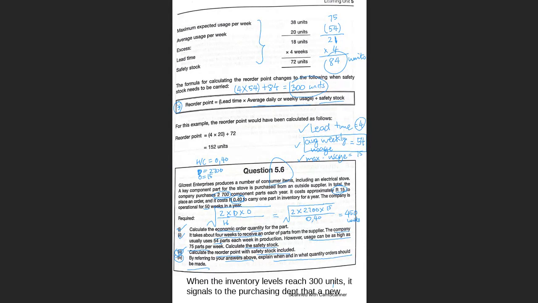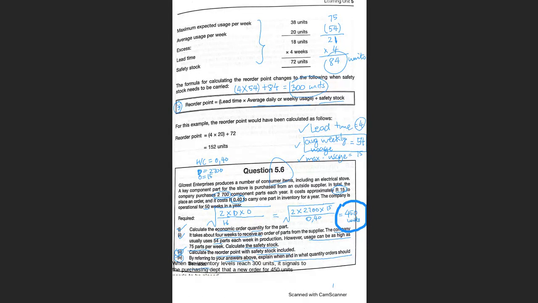So the EOQ that you had calculated here is going to be the order that you place. So a new order for 450 units needs to be placed. So this is how you would interpret your answers in terms of your reorder point as well as your EOQ telling you how many units we need to order at a time.